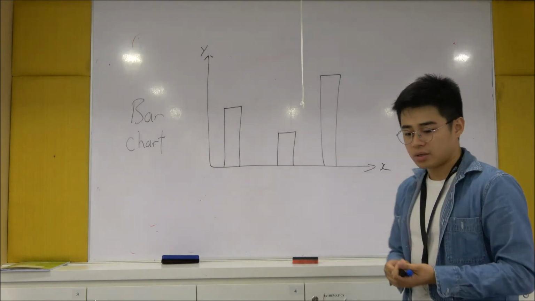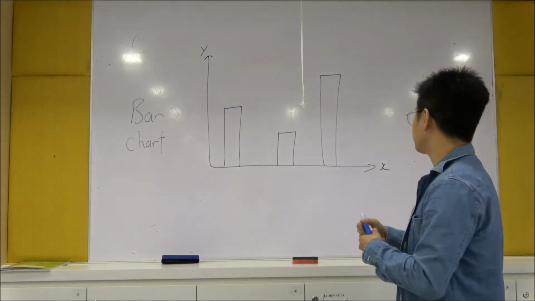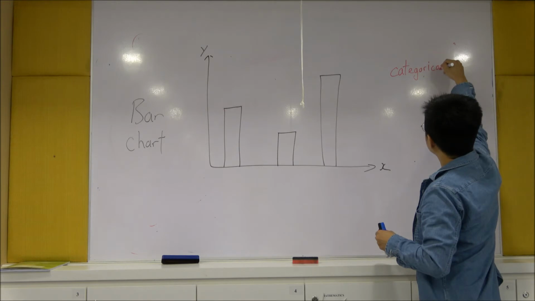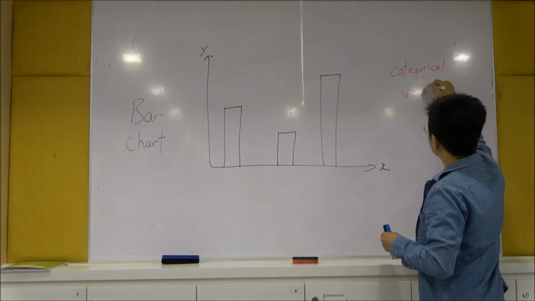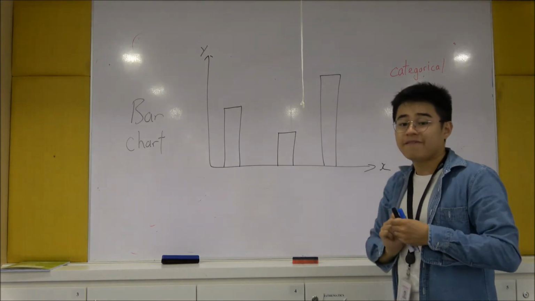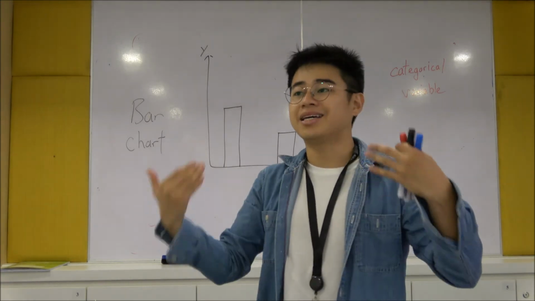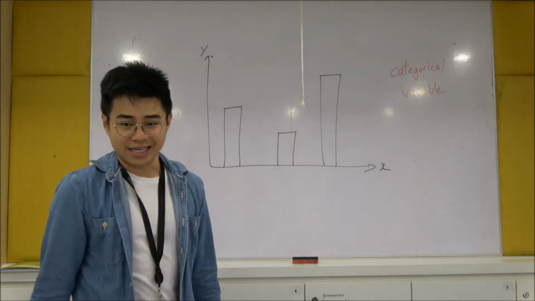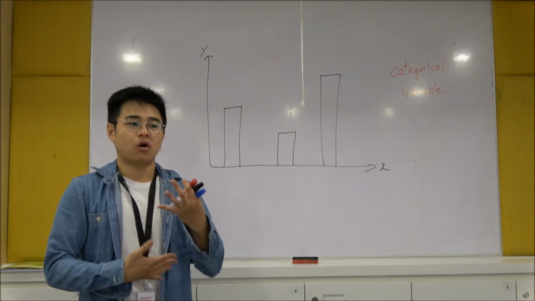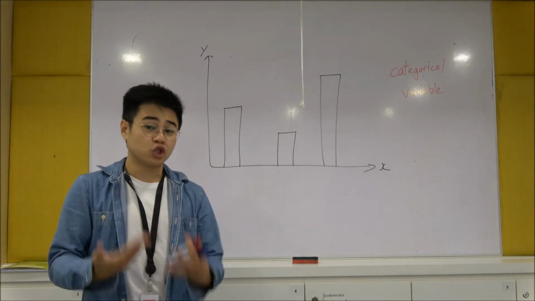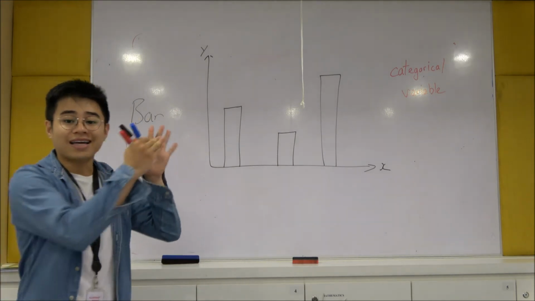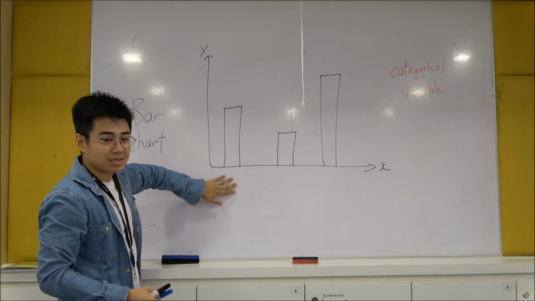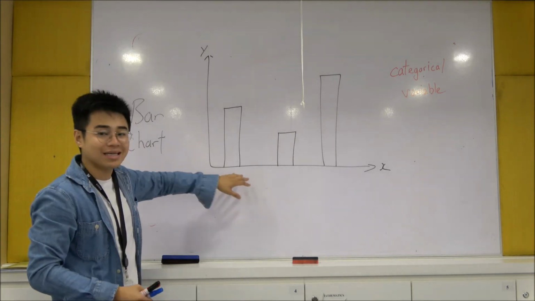Usually, you use a bar chart when your variable is categorical, meaning the variable that you're trying to measure can be categorized. For example, the type of food that we love to eat, or the type of subjects or courses that we want to choose. So these things are categories. So the x-axis usually is a category.